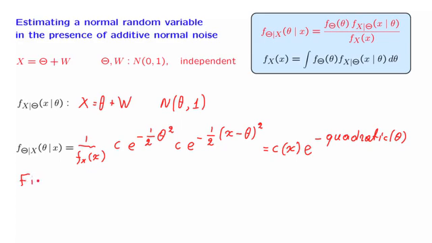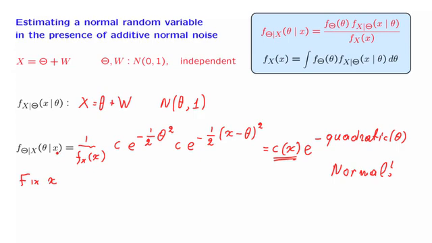So let us fix a particular value of little x and concentrate on the dependence on theta. So with x being fixed, this is just a constant, and as a function of theta, it's e to the minus something quadratic in theta, and we recognize that this is a normal PDF. So we conclude that the posterior distribution of theta, given our observation, is normal.